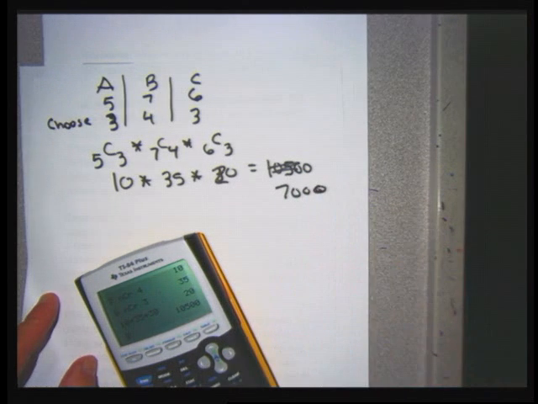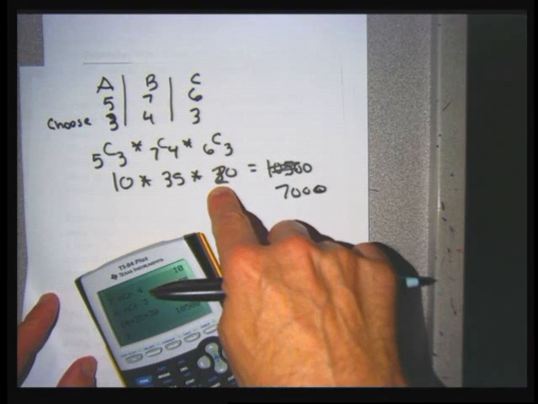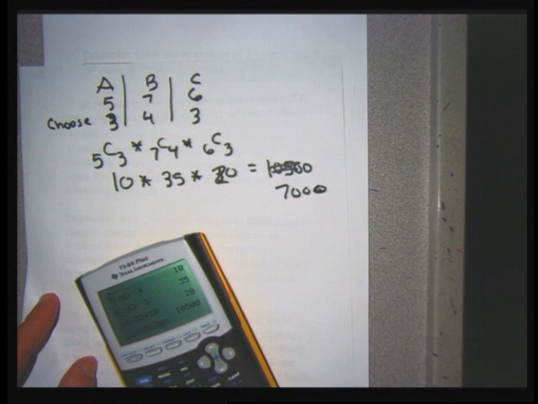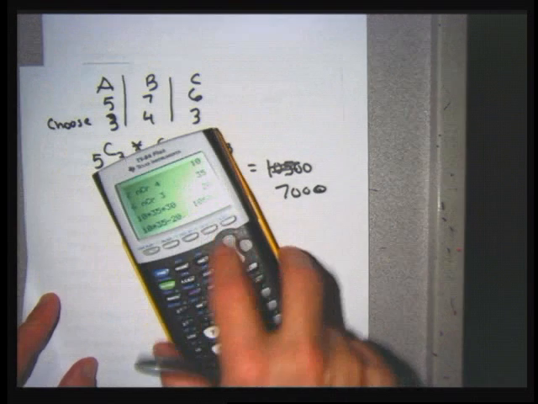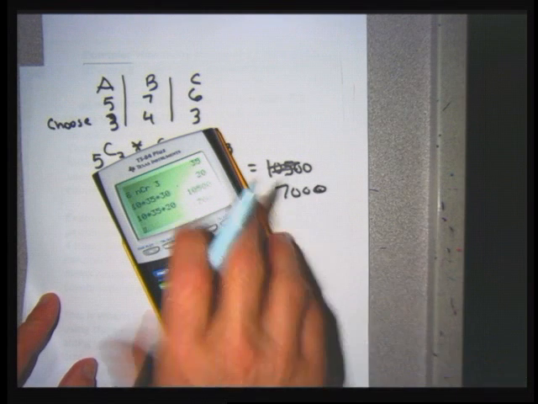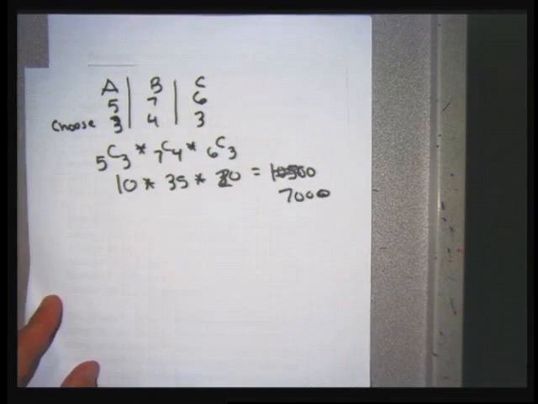So I overstated a little bit because I couldn't copy a 20. I wrote it as a 30. So it should be 10 times 35 times 20, and there's 7,000 different dinner combinations that you can get for a group of 8.